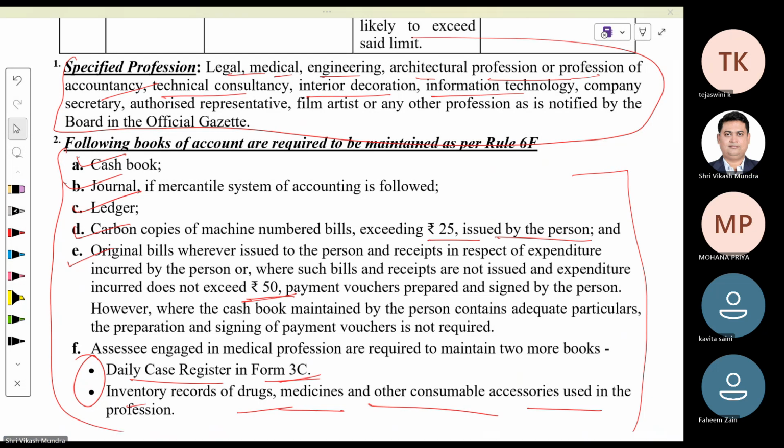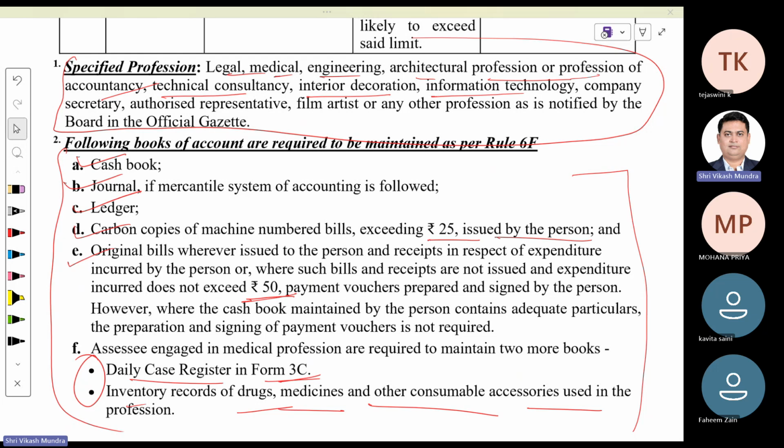Priya, so being a specified profession, you are supposed to maintain which type of books of accounts? If your gross receipts from the profession in all of the last three preceding years exceed rupees 1,50,000, then you are supposed to maintain those books of accounts which are prescribed under Rule 6F.